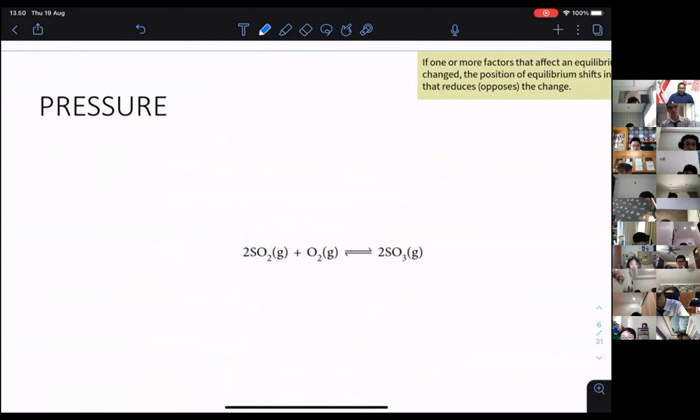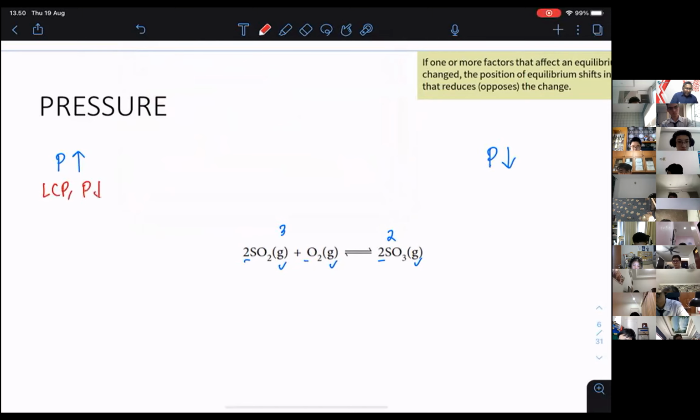Again, when we are talking about pressure, it means it must be gas. So you look at the number of moles: 2 and 1, total 3. When you increase pressure, what will happen? When you decrease the pressure, what will happen? I will use the red pen over here. According to LCP, you need to decrease the pressure back.